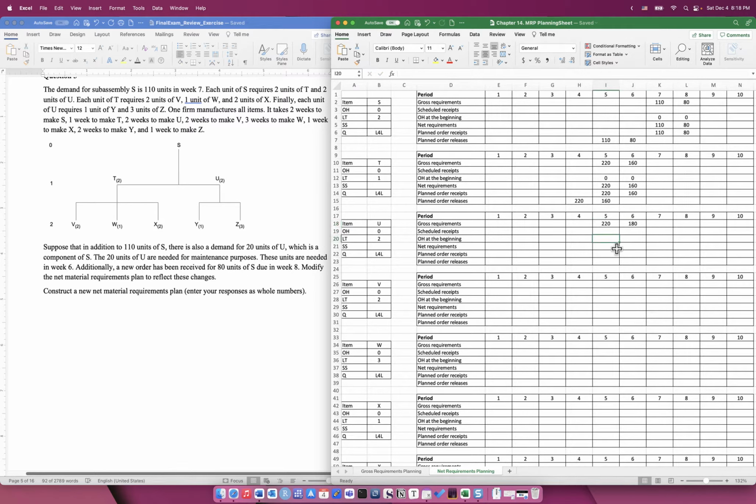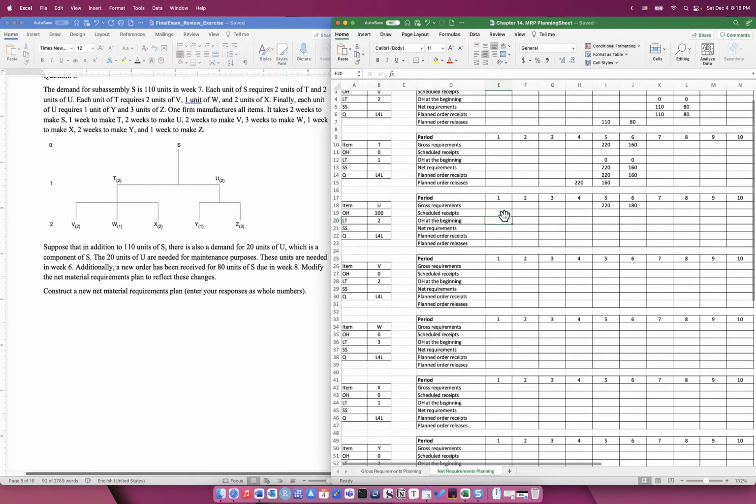Since this is so boring, let's assume that this had some kind of on-hand inventory. Let's say you had 100 on-hand inventory before we started. I'm just making adjustments as we go. So at the beginning, period number 1 is 100.